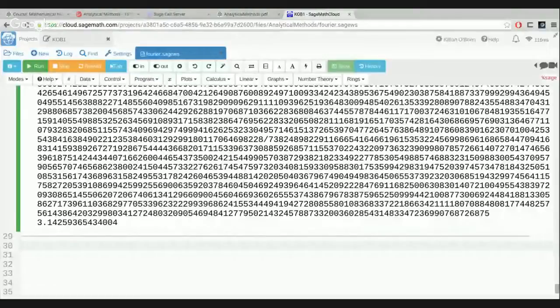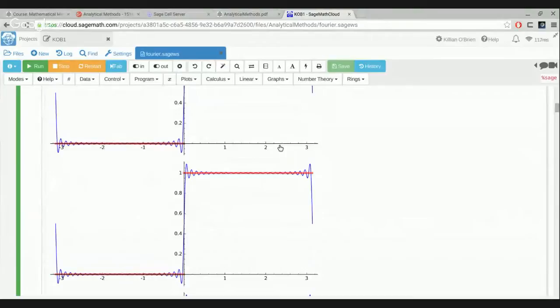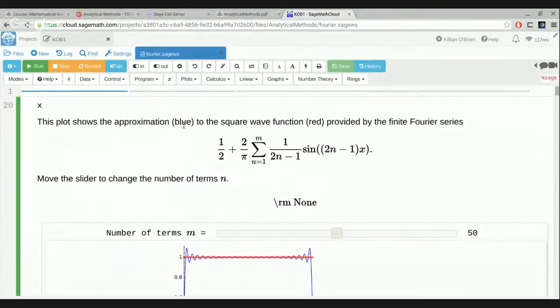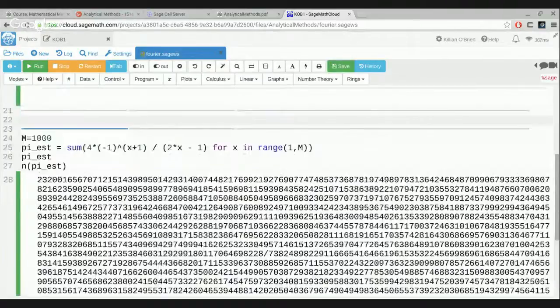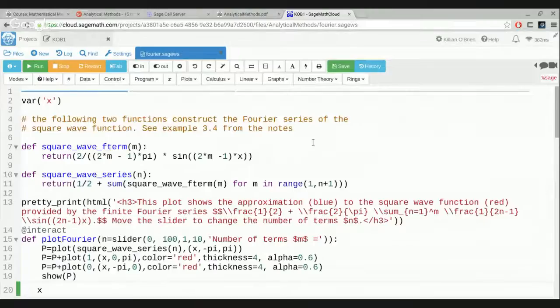Now, can we verify that? Yeah, we can try. If we look back at this computer demo we had here, I think we can alter the code.